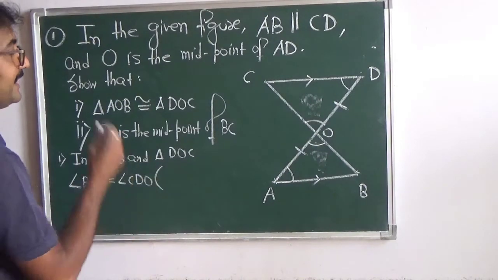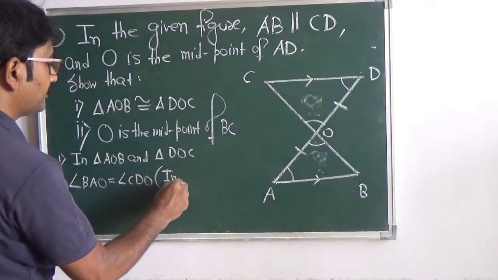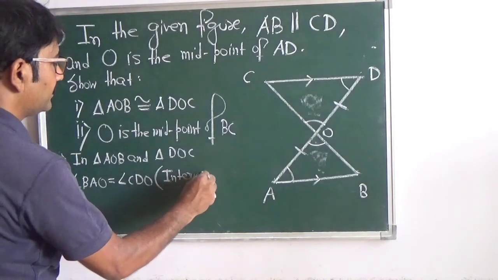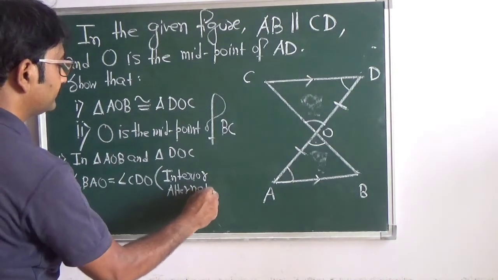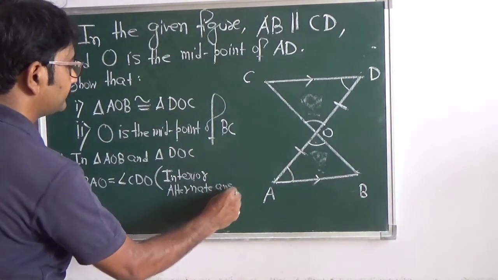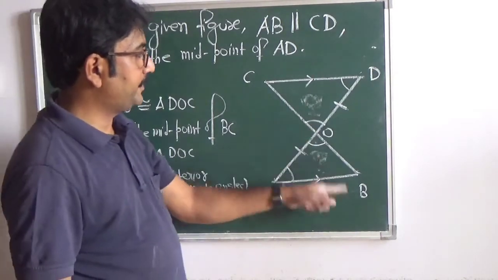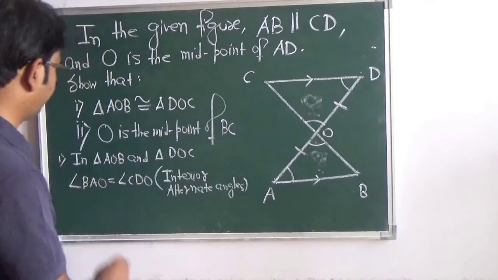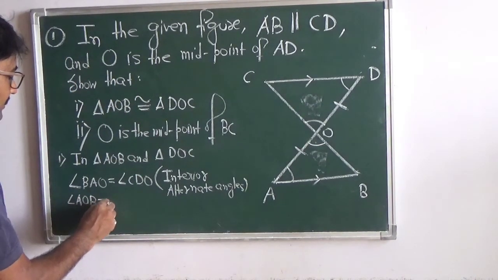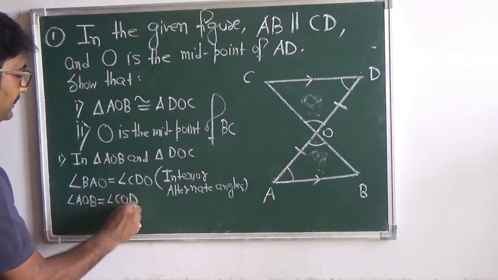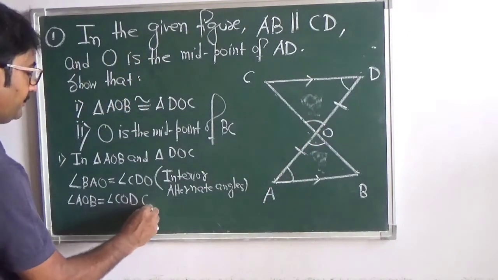The reason you have to write: interior alternate angles. Second point, angle AOB is equal to angle COD, they are vertically opposite angles.